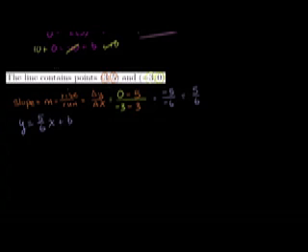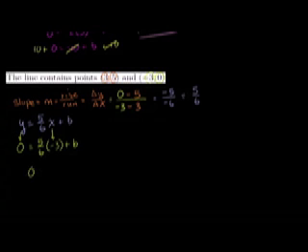I always like to use the one that has a 0 in it. So y is 0 when x is negative 3. So all I did is I substituted negative 3 for x, 0 for y. And I know I can do that because this is on the line. This must satisfy the equation of the line. And let's solve for b.